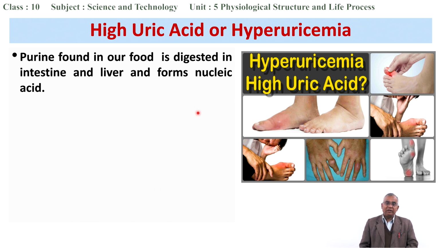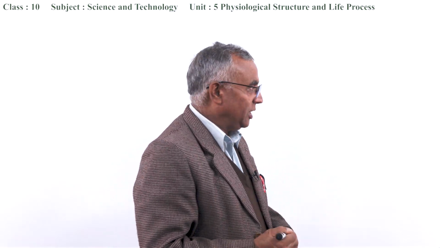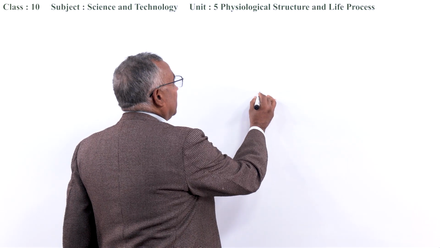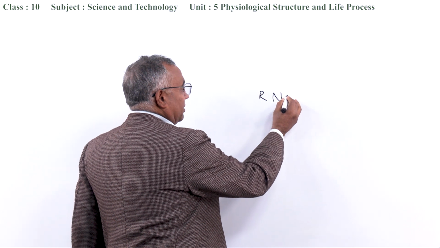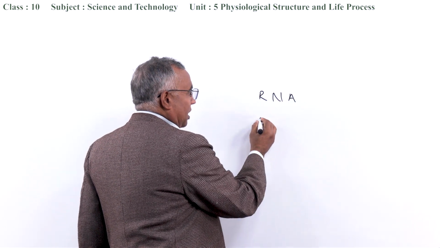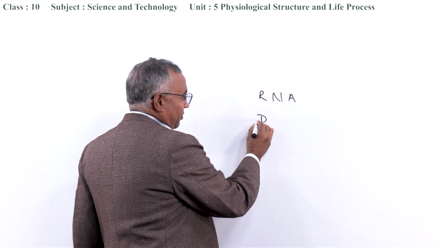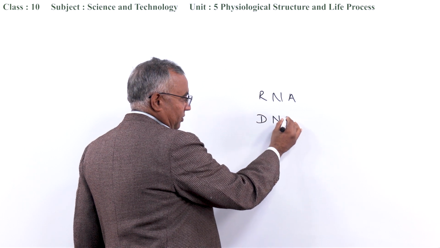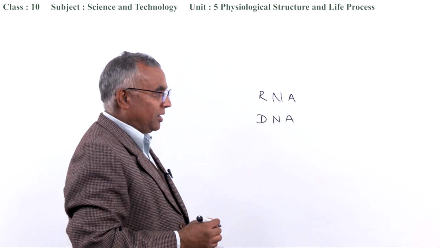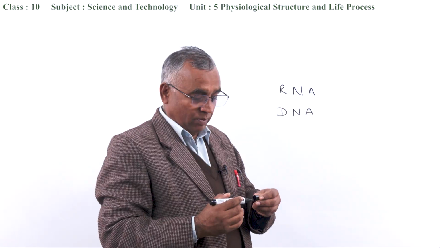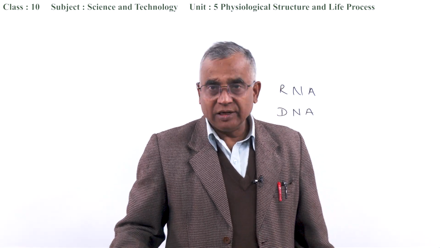Nucleic acid means what? There are two nucleic acids in our body, RNA and DNA. RNA is ribonucleic acid and DNA is what? Deoxyribonucleic acid. Ribose sugar is found in RNA, and deoxyribose sugar in DNA, about which you have read in heredity.